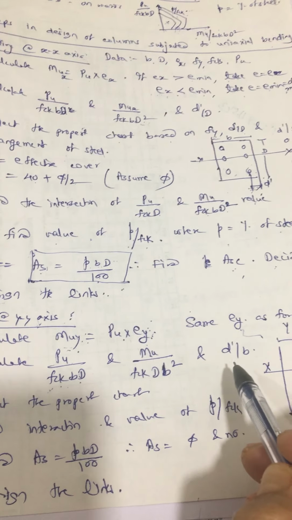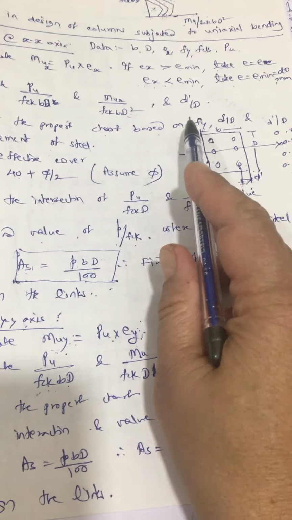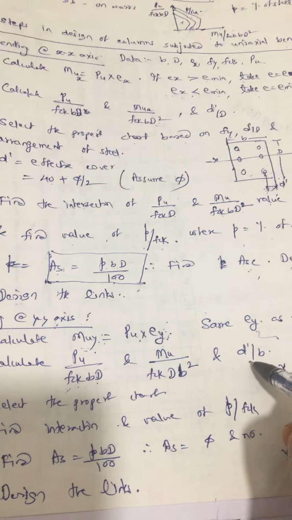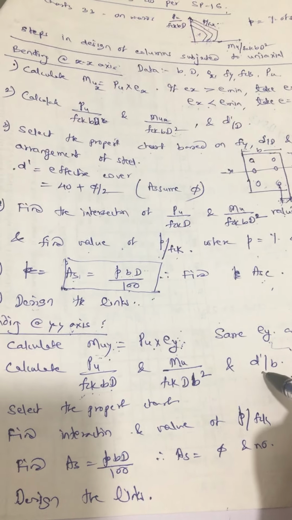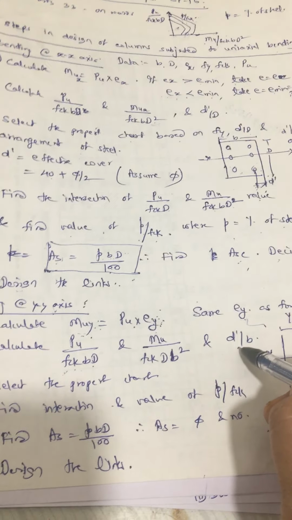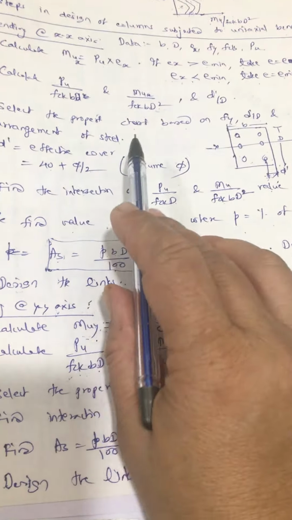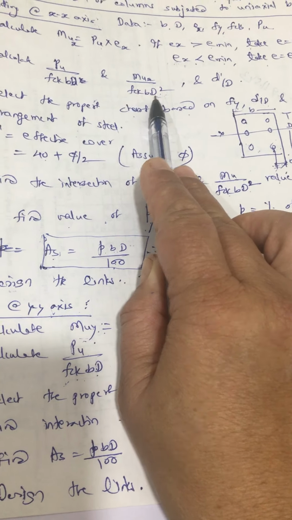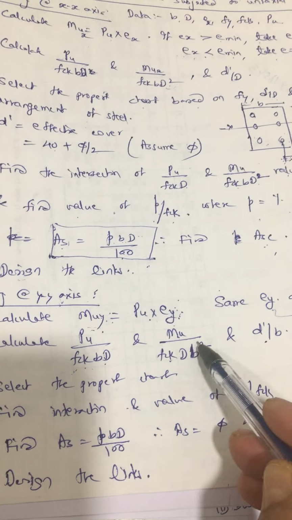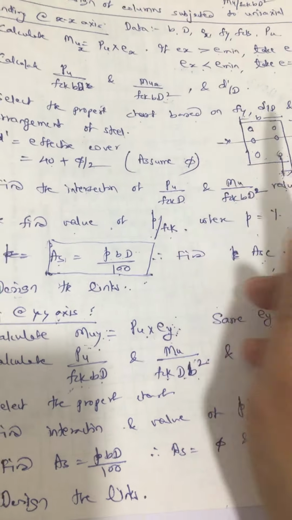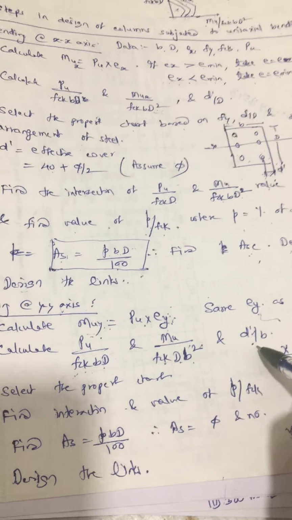Instead of D dash upon D, as it is for bending about X axis, now it is changing to D dash upon B. So understand the difference between bending about X axis and bending about Y axis. For bending about X axis, this is Mu upon FCK BD square, whereas here it is Mu upon FCK dB square. Here it is D dash upon D, here it is D dash upon B.